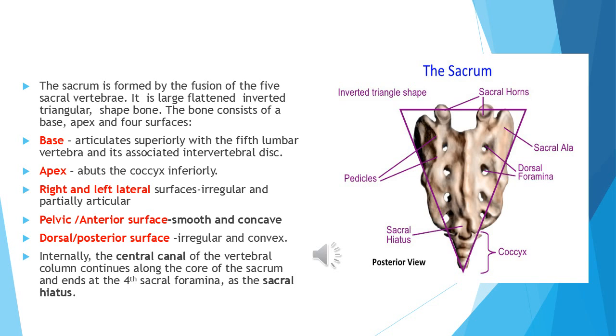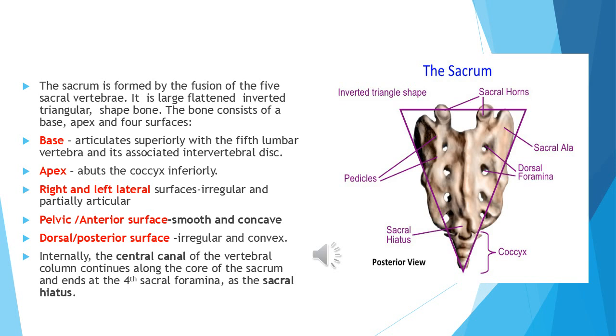And there are two lateral surfaces, that is right and left lateral surface. They are irregular and partially articular. So it is articulating on either side with the ilium, the auricular surface or medial surface of the ilium, and takes part in the formation of the sacroiliac joint.